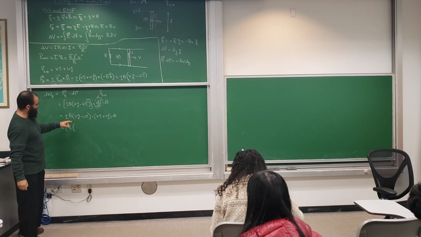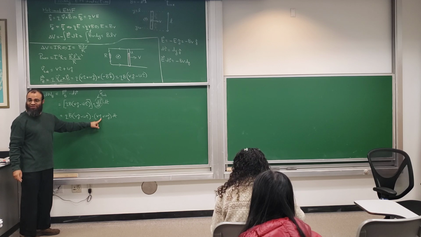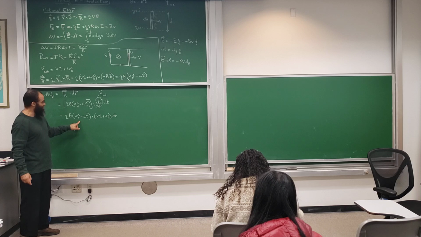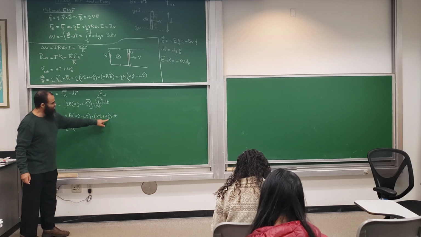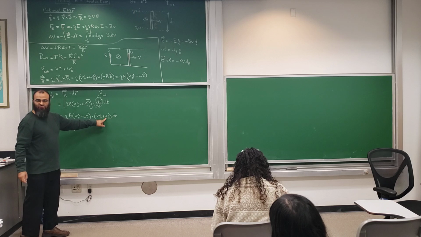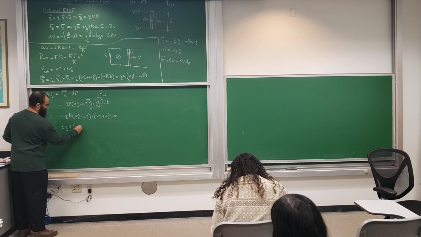Well, j hat dot i hat is 0. This is a dot product now, not a cross product. i hat and j hat are perpendicular to each other. Then j hat dot j hat is 1, so I would just get UV.